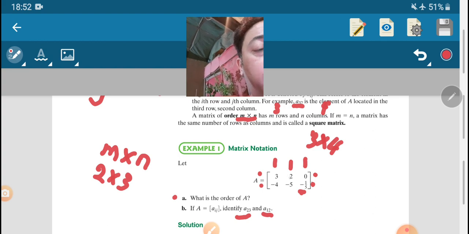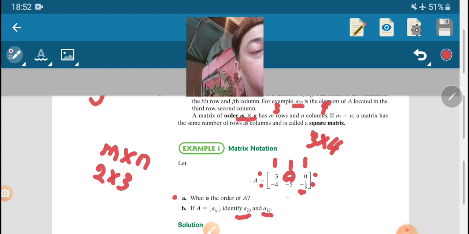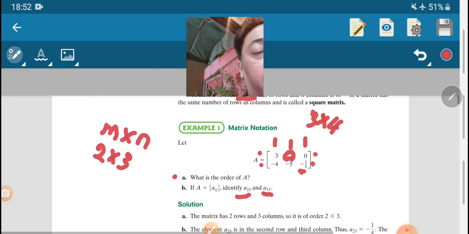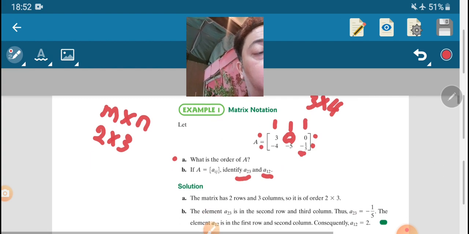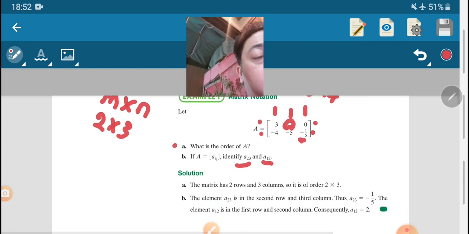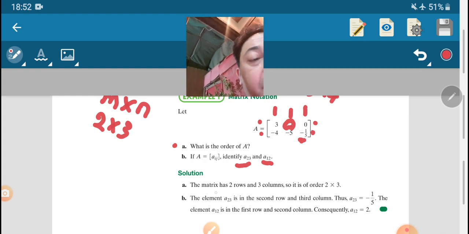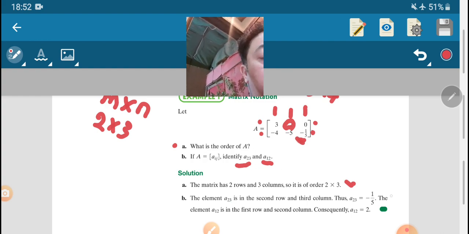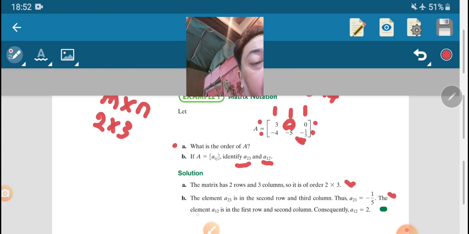First row, second column, so 2 is the member a_12. Again, this matrix's order is 2 times 3, a_23 is negative 1 over 5, and a_12 is the number 2.